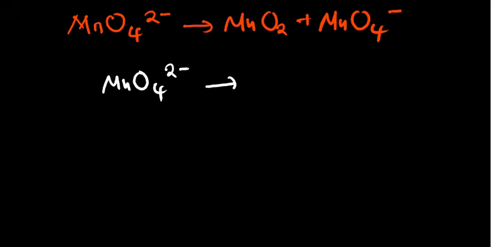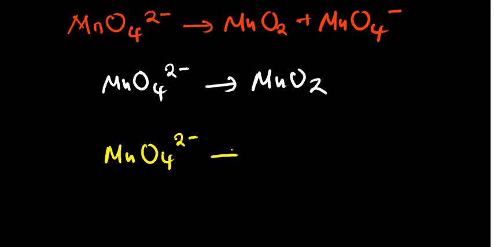I'll relate it first to our first product, which is MnO2. I'll go to the other half reaction, our only reactant again related to our second product. We've now split our given equation into its half reactions.